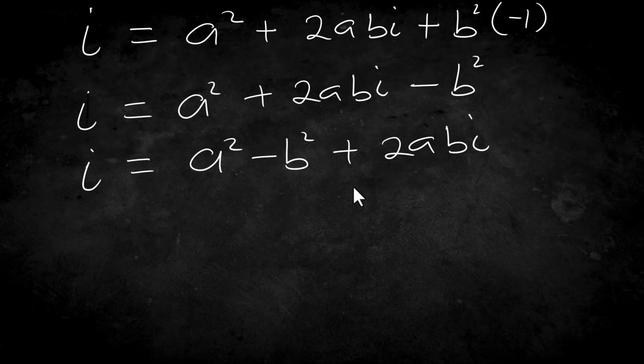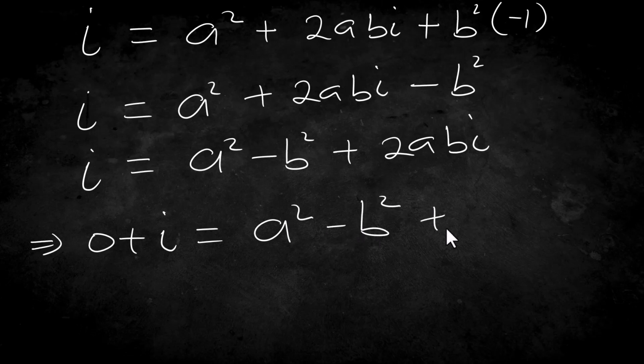Now remember we can compare this one, since this side will be the real number part and then the imaginary part. So we can write this one as 0 plus i equals a squared minus b squared plus 2abi.